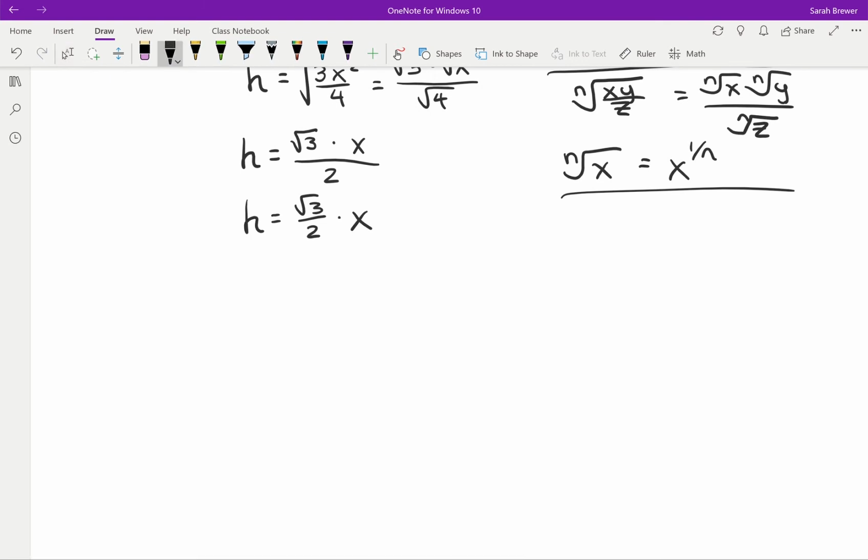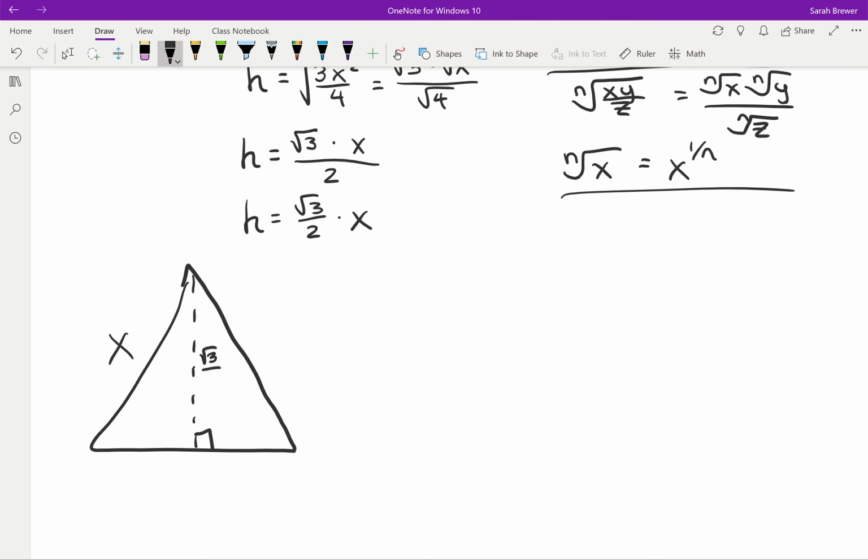Cool. So that means that in my equilateral triangle, I have side length x and altitude root 3 over 2 times x. Awesome. All right, so now what we said we wanted was our radius length and our apothem length, right?